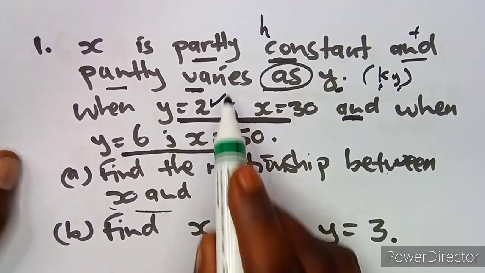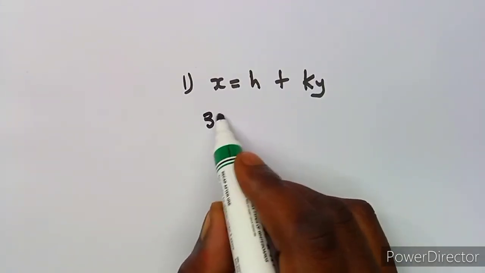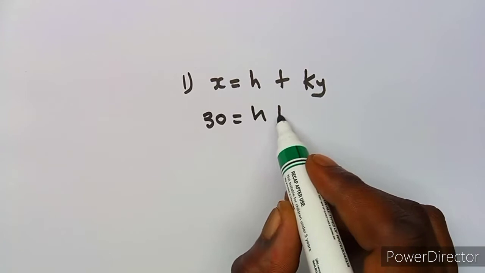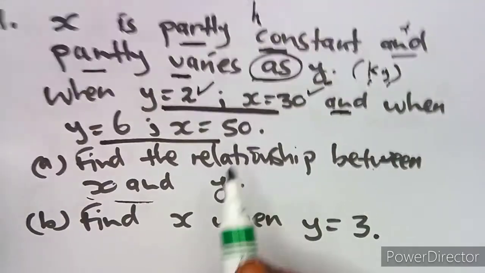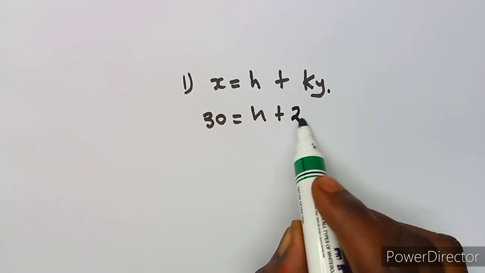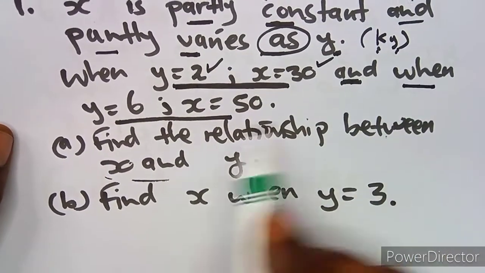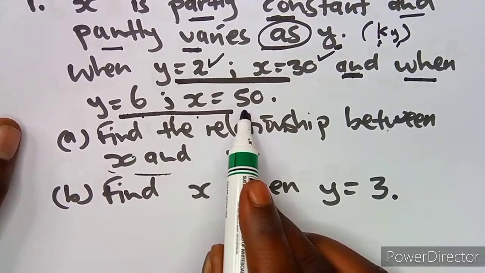So what are you going to do? You have to substitute Y is equal to 2, X is equal to 30. Remember, 30 is equal to H plus K times 2, which is going to be 2K. All right, we move on to the other information: when Y is equal to 6, X is equal to 50.